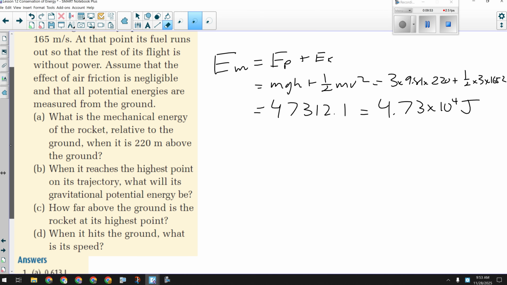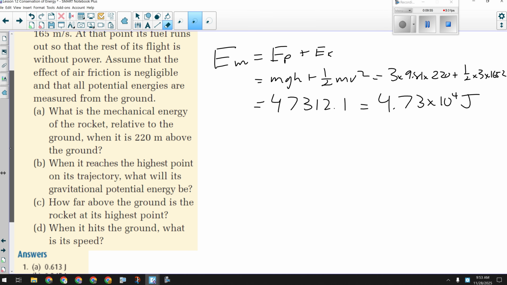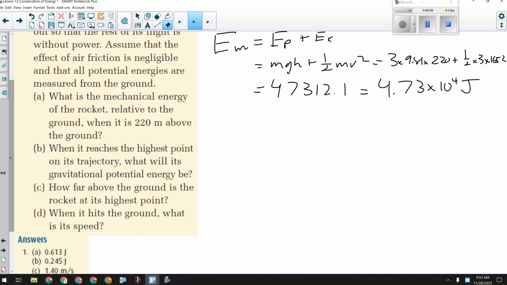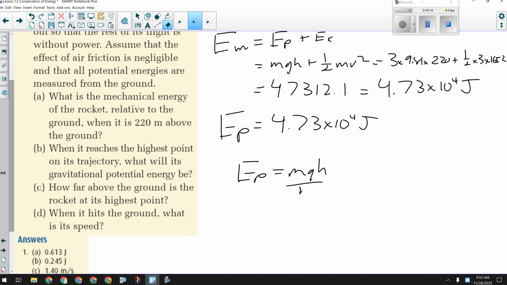When it reaches the highest point in its trajectory, how far above the ground will it be? Well, since we've just established that at its highest point, its potential energy is 4.73 times 10 to the 4 joules, I should be able to do this. EP equals m times g times h. Divide both sides by m times g, and I'll have its height.